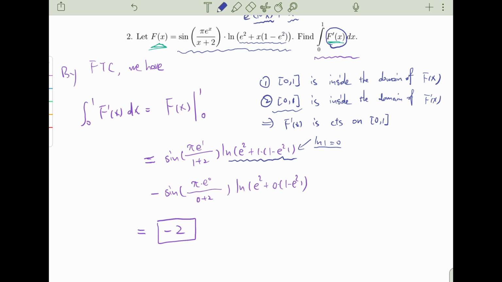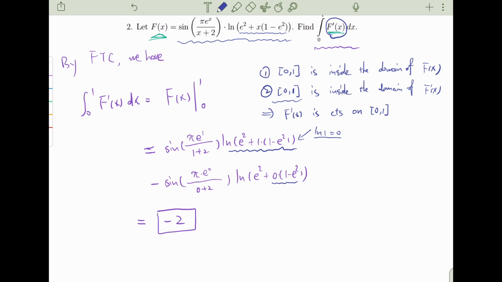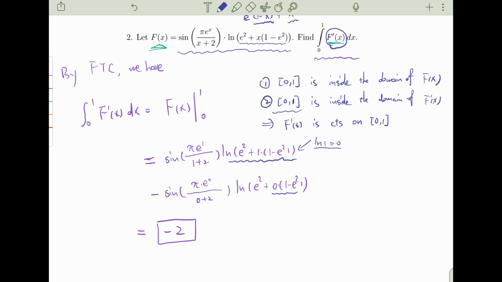And not actually sine pi. So the second term, it's sine pi over 2, which is 1, right? And this thing, after you cancel out this, it's going to be ln e squared, which is 2, right? So it's negative 2. So that is our question 2.